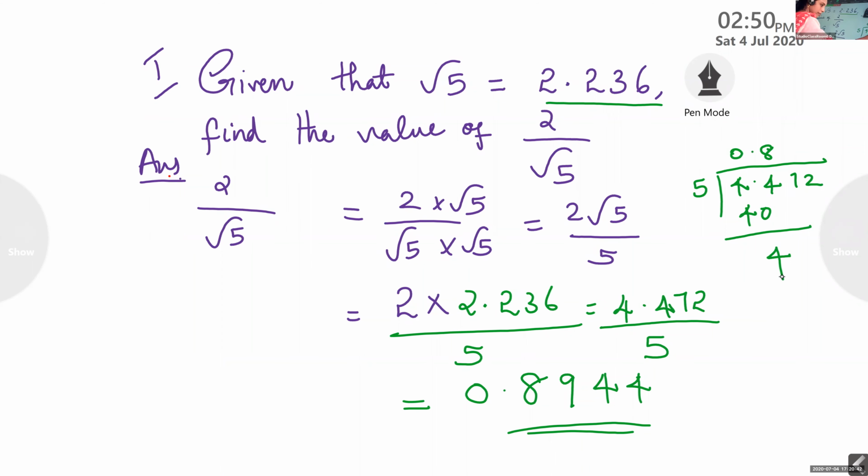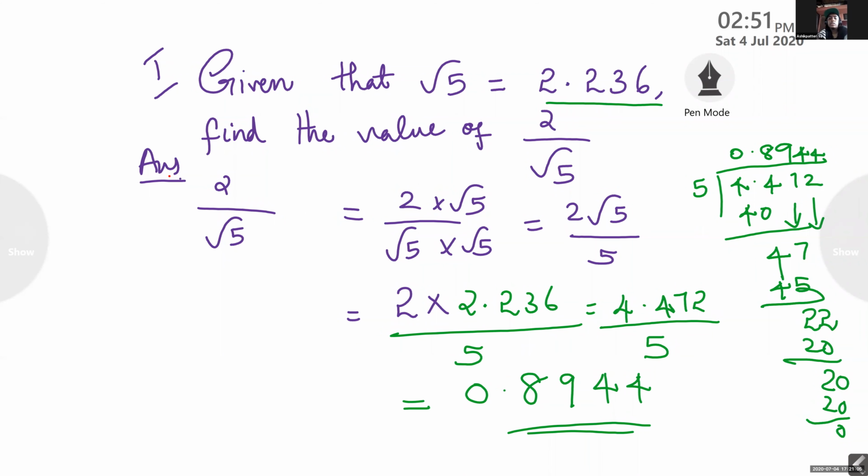Bring down 7. 5 times 9 is 45. Then 22, 20, again 2, 20. Don't write the point again. Enough. Clear? Yes, ma'am.